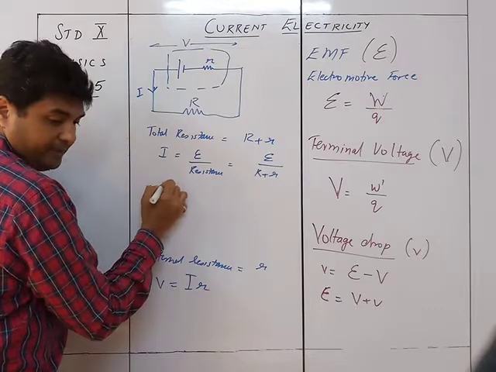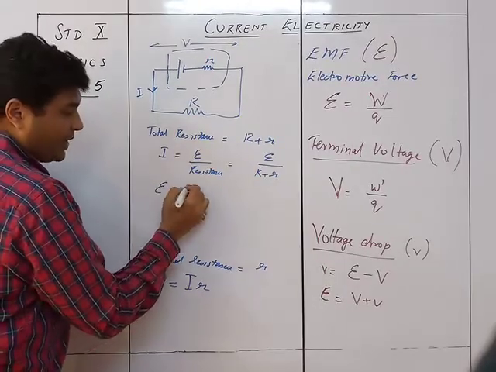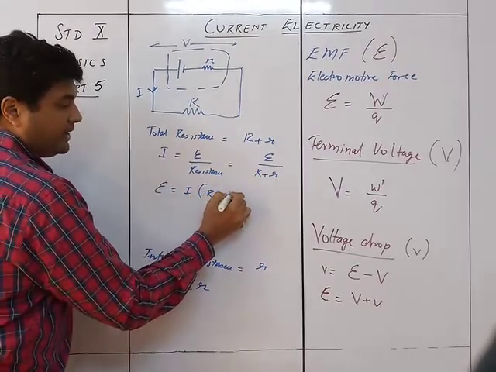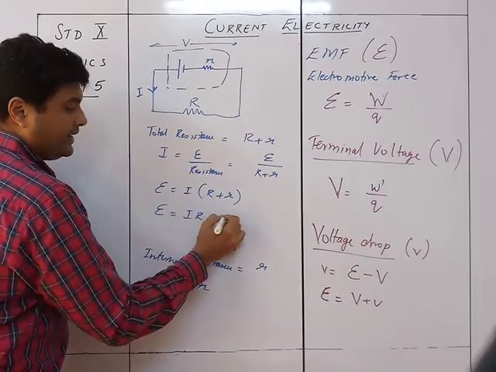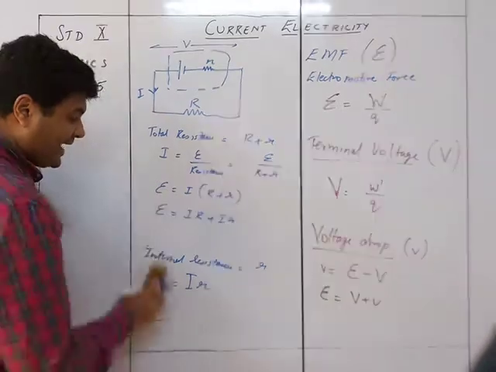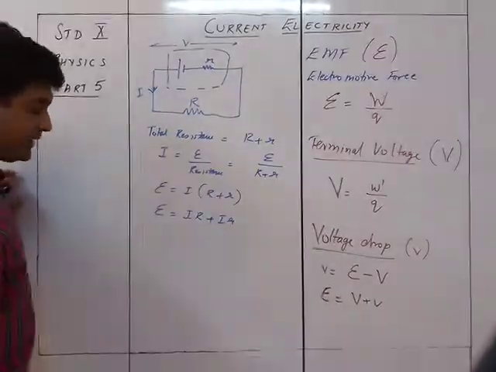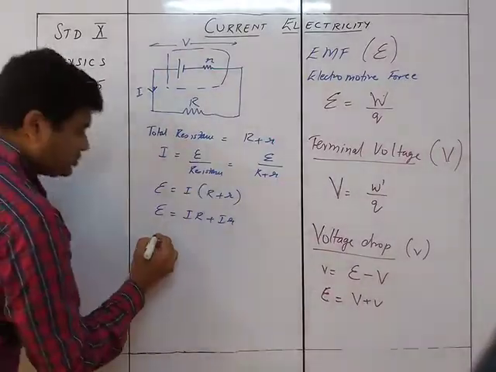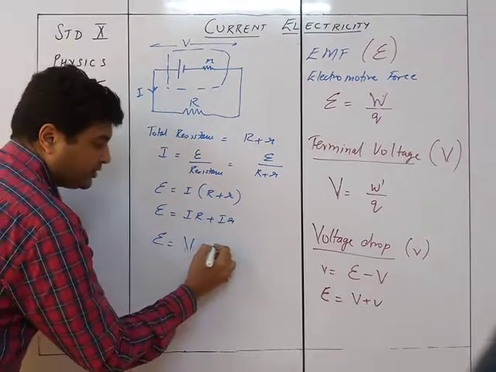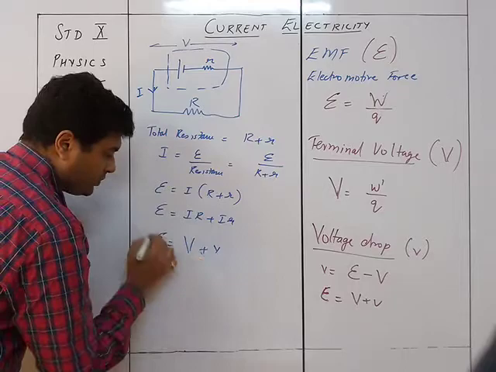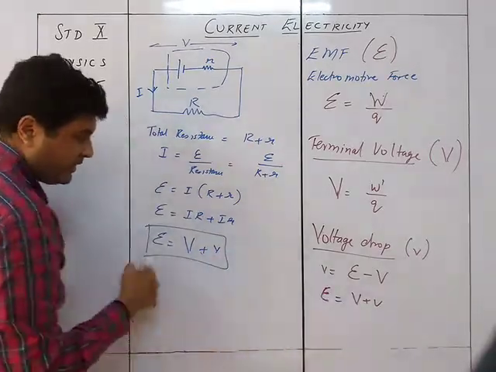Therefore EMF is equal to I into R plus r. So EMF will be equal to I R plus I r. But we know that I into big R is nothing but the voltage V. So epsilon is equal to capital V plus small v. So hence the same thing we get over here.